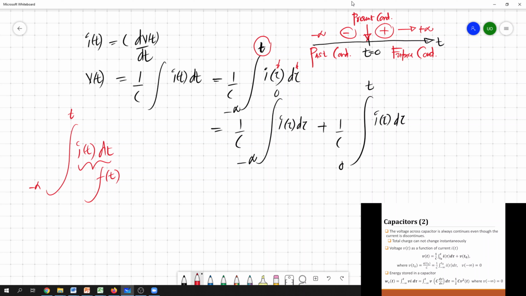So if you have tau here, this becomes i(tau) d tau, so the function becomes an expression of tau, and then we can simply replace this tau with t. That's why we put tau here, nothing else.